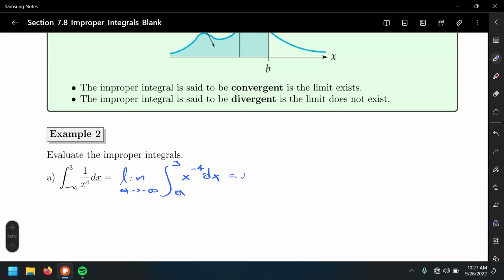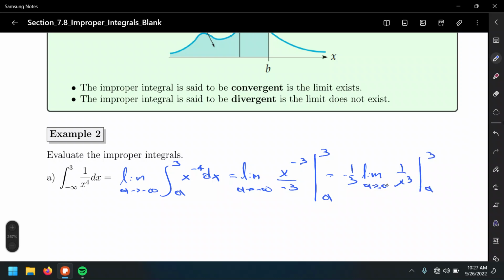And integrating this, that's the limit as a approaches negative infinity, and adding 1 to the exponent, that should be x to the negative 3 over negative 3 evaluated from a to 3. Well, I'm going to take this constant multiple outside of the integral, and that's negative 1/3 limit 1 over x cubed from a to 3 as a approaches negative infinity.